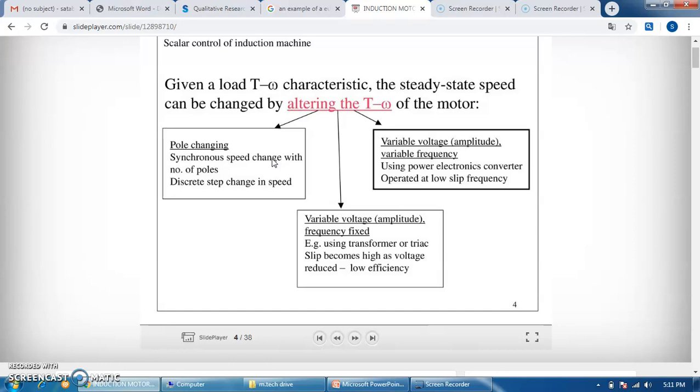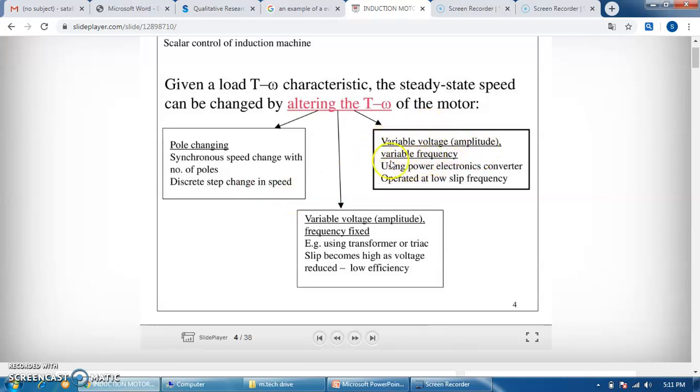That value can be varied by varying the number of poles. The number of pole variation is one of the methods by which we can vary the synchronous speed. As the synchronous speed varies, the rotor speed definitely varies. So we can make a discrete step change in speed by varying the number of poles.